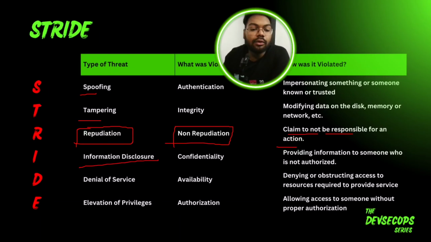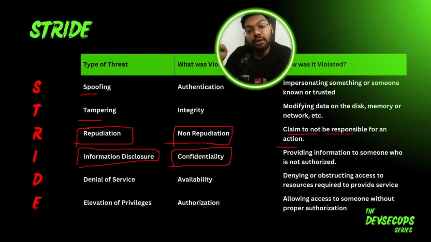Then next is information disclosure. As I said, this information could be disclosed to someone else, and that would be a big case. Your information is leaked, and now someone else could use it and impersonate you. Say someone stole the data of your Aadhaar card. Now they can buy SIMs out of it. They can buy SIMs for different numbers, and they could commit some crime.